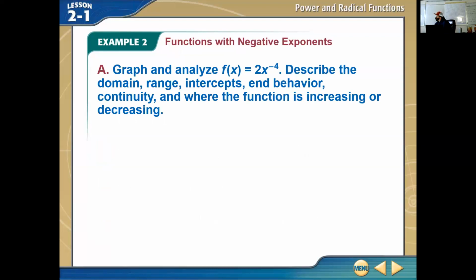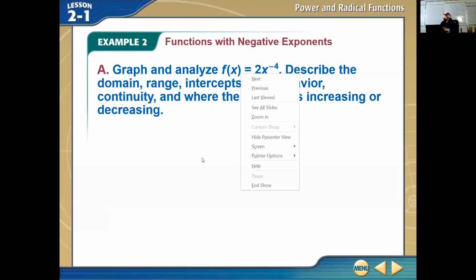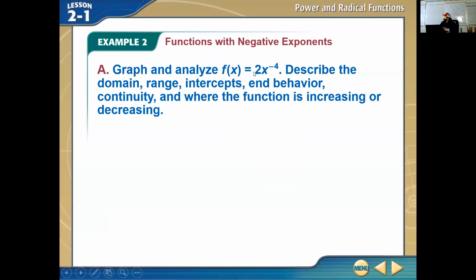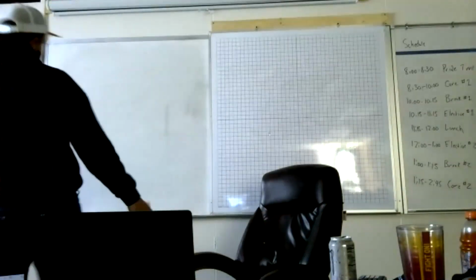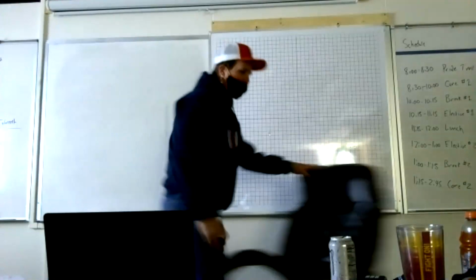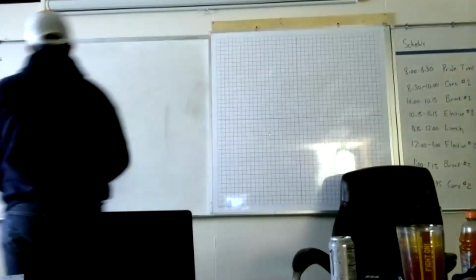Okay, here's where it gets a little tricky. Functions with a negative exponent. So graph and analyze f of x, which is equal to 2x to the negative fourth. From your properties, okay, anytime you have a negative exponent, it's really a reciprocal. It's really a reciprocal function.